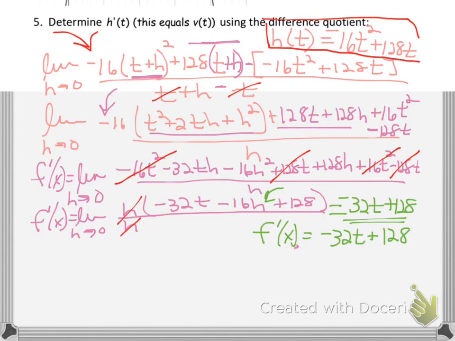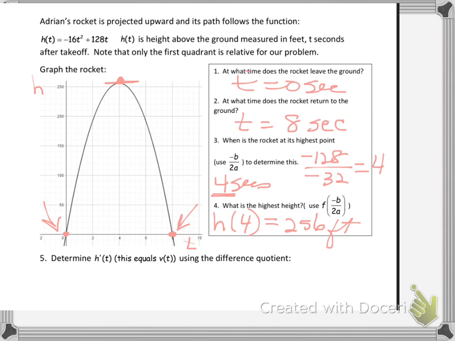Okay, let's go back for a second and look at our rocket. If I say that f prime of 2 is 64, does that kind of make sense? Here is where that is, and it's going to be positive, and it looks pretty positive, so I think 64 is a reasonable answer.